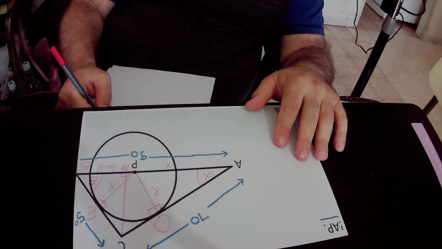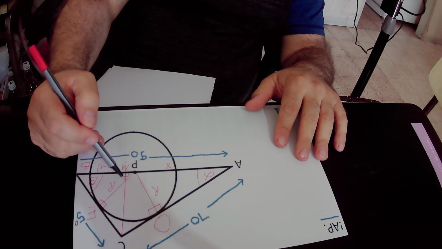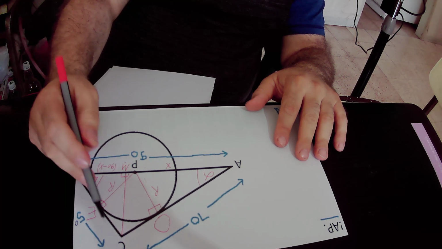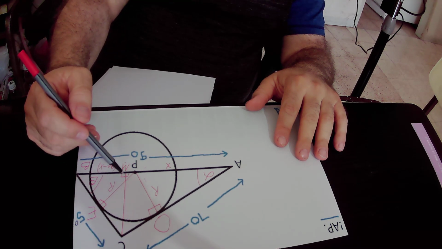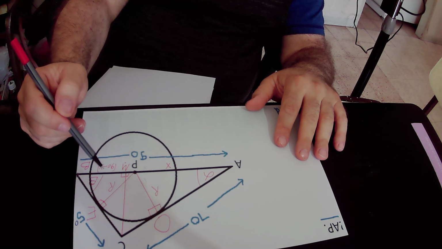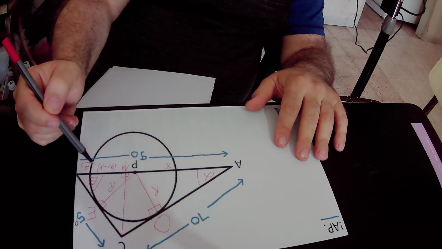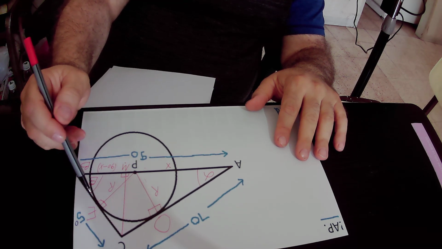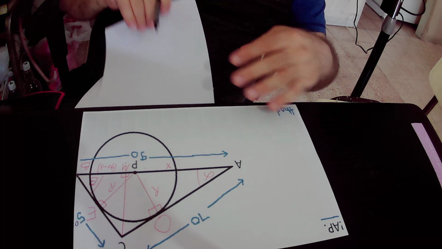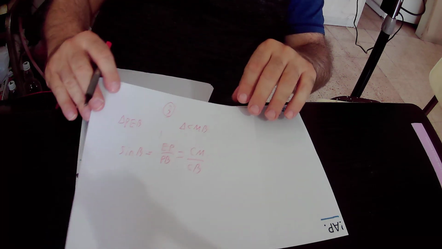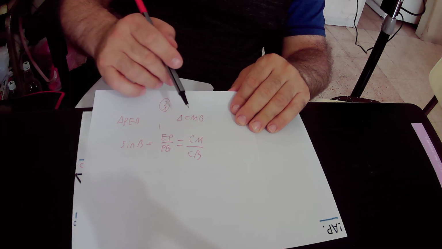Why? Because side CM is perpendicular to side AB in the right triangle CMB. So sides CM and MB are the perpendiculars of this right triangle. So CB must be the hypotenuse of the right triangle CMB. So in total we got that sine beta equals EP over PB, that equals CM over CB.